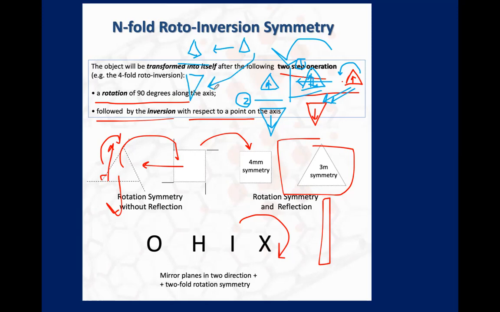So this roto inversion is important when you consider the symmetries of some complex crystals, because this symmetrical operation is a bit complicated because you can't at once recognize it, right? So therefore, it makes some complicated crystals. So naturally, you will find some complicated types of crystals as a result of this symmetric operation.